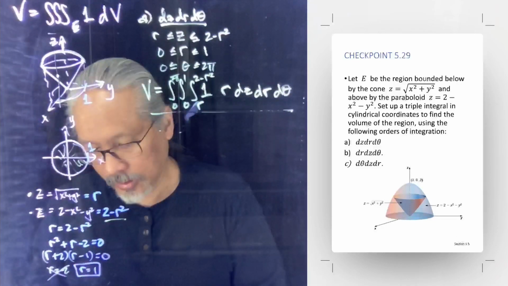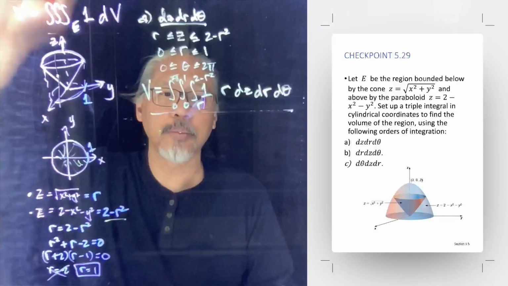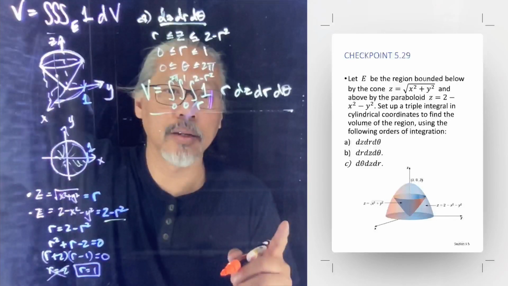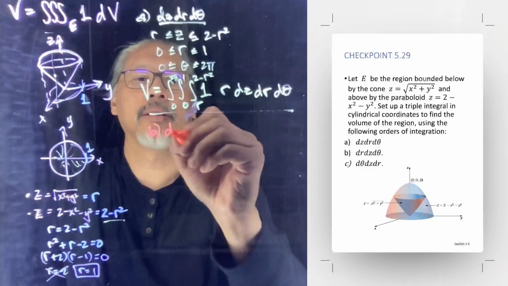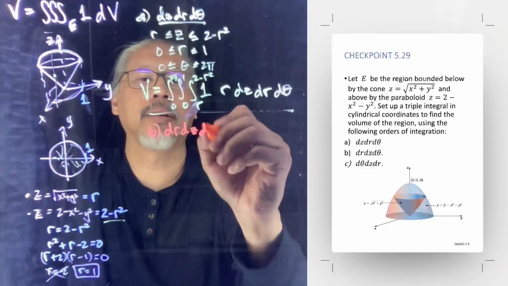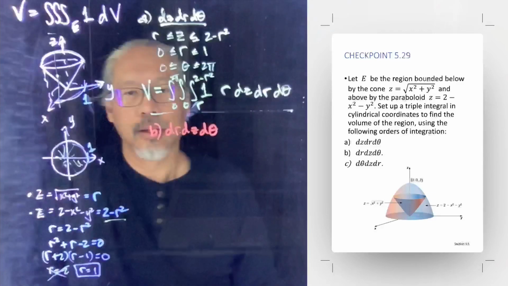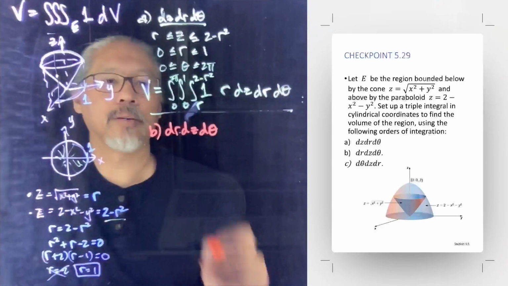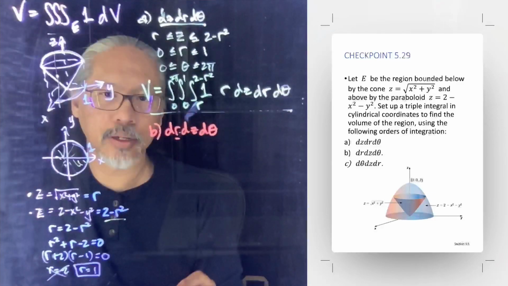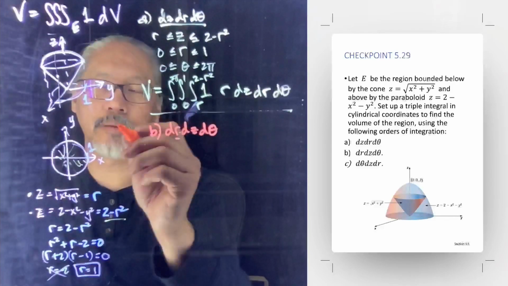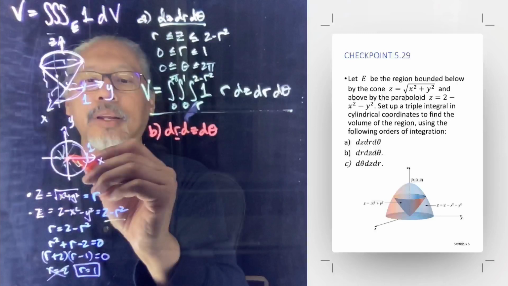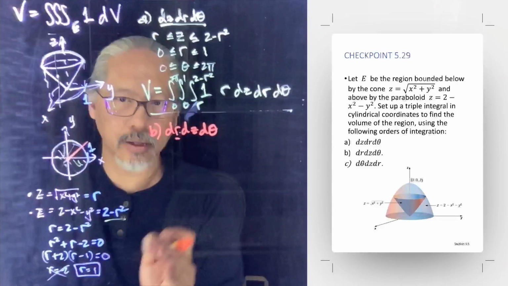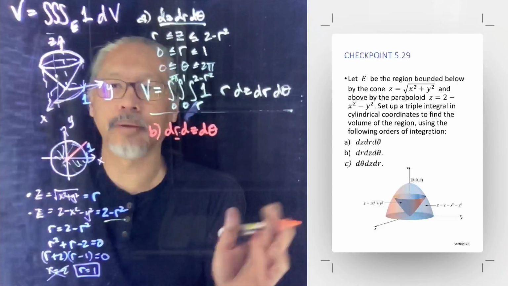All right. Going into our second type of integral, they want dr dz d theta. So how are we going to do that? r is going to be the first variable we integrate with respect to, and r is the radial distance from the z-axis going outward.